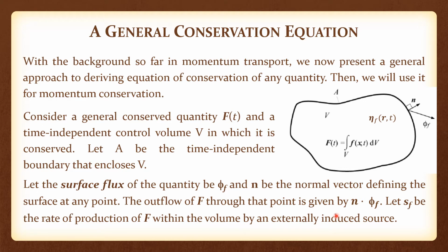For example, momentum is produced in a quantity by gravity, and this causes bulk motion of that object, subject to gravity. So this kind of production, the rate of production, is given by S f within the unit volume. The surface flux is given by phi f.